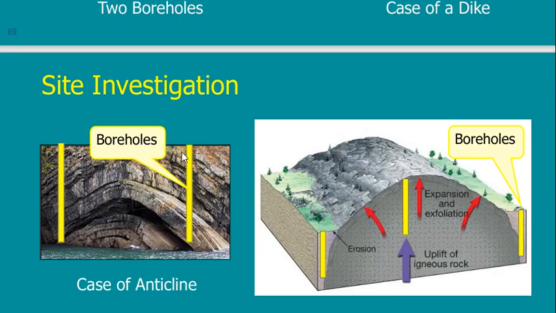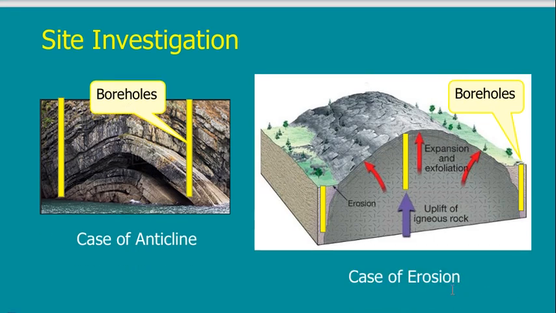If I have a borehole here and another borehole here, and I have an anticline, these two specific locations are similar. Someone would take horizontal lines to join these boreholes, and it will be completely wrong. So I need to know that this is an anticline or maybe a syncline.